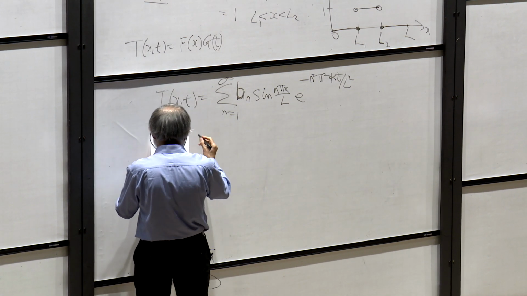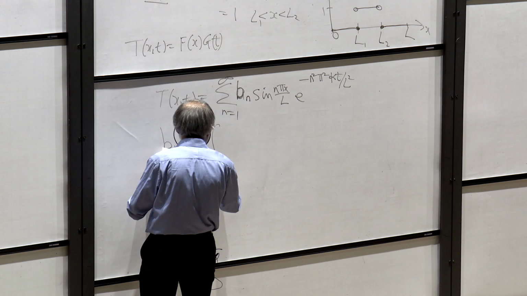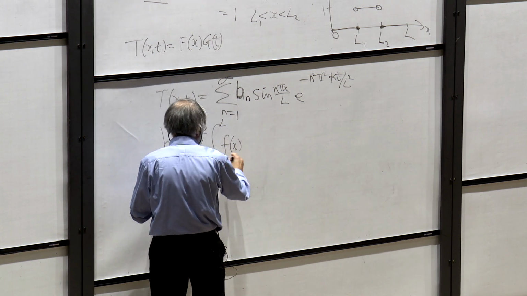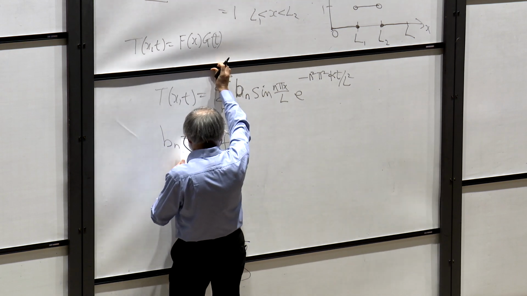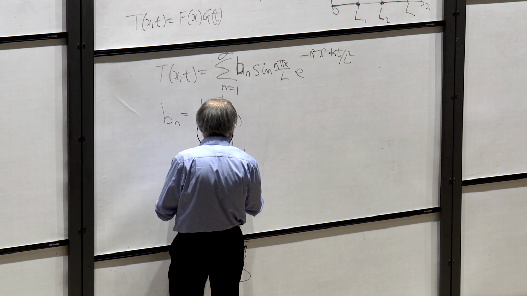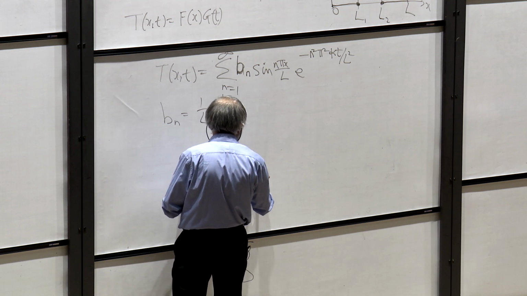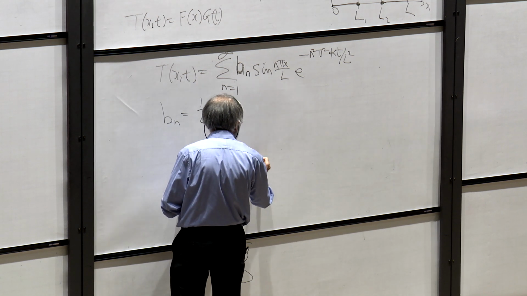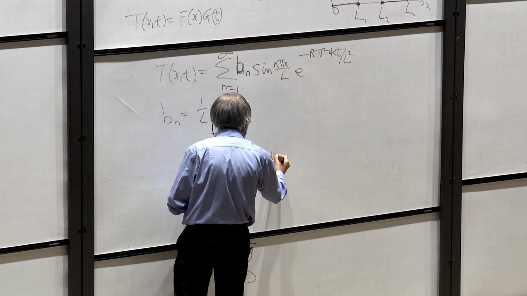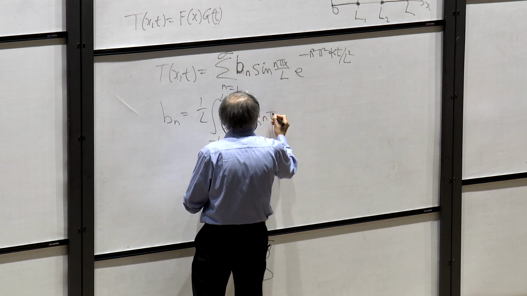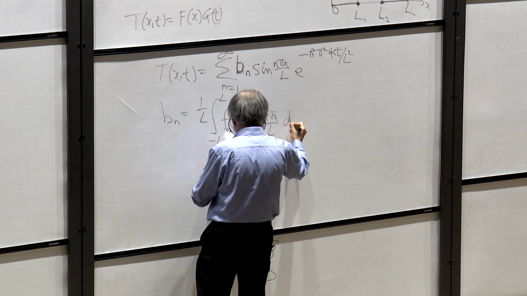turn out to be 1 over L integral from minus L to L of the odd periodic extension of f, times sine n pi x over L dx.